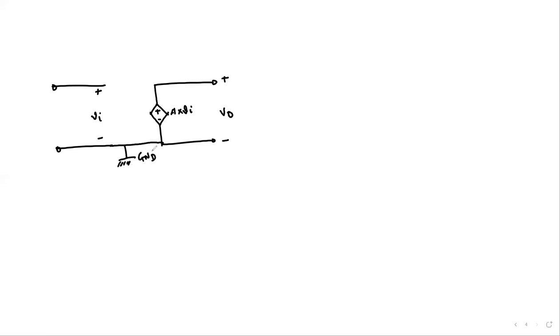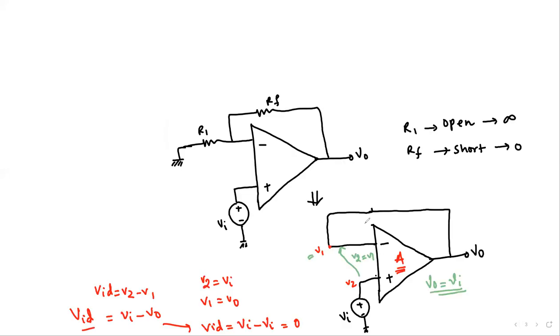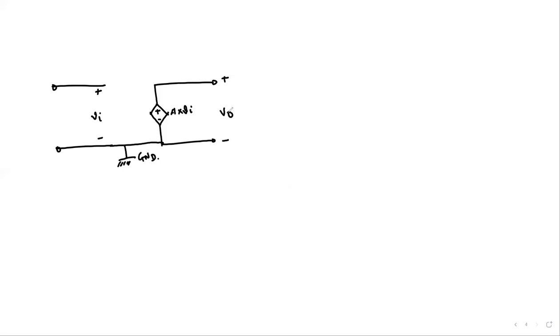This is ground. So we've seen that for this circuit, the output is essentially equal to the input. So output follows the input. So the gain in this case is 1. And therefore VO is equal to A times VI, which is equal to VI, and the gain is 1 here.